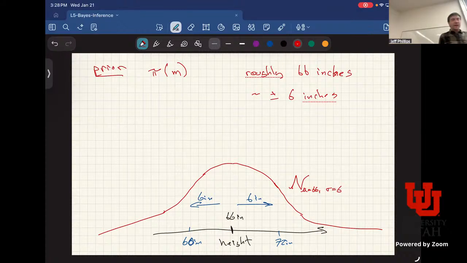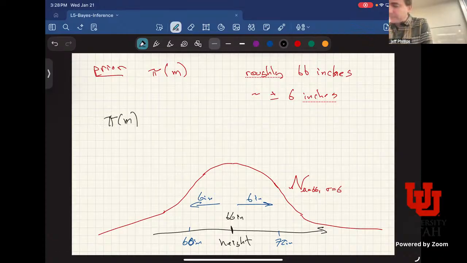So that implies we're going to set our distribution. We're going to say that pi of m is equal to the normal distribution with 66 and 6.